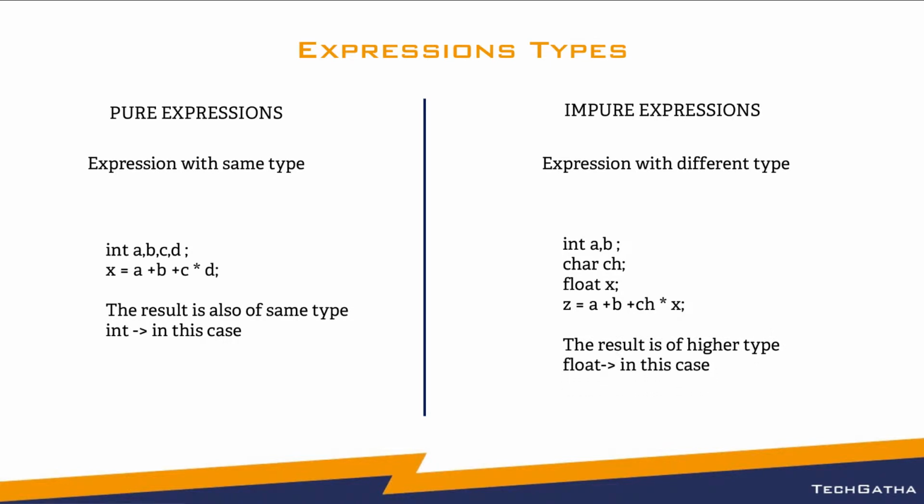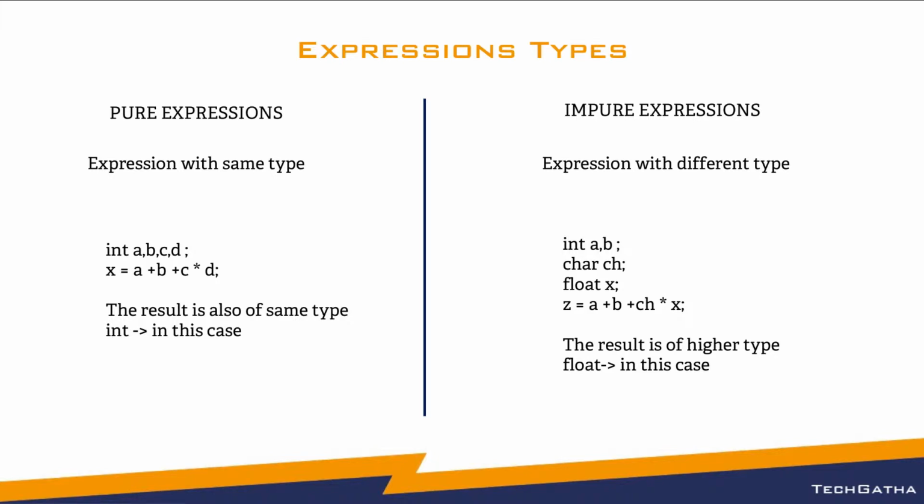In this case, it is float, because float is of a higher data type, the size of float is 4 bytes, and the result is also in terms of float.